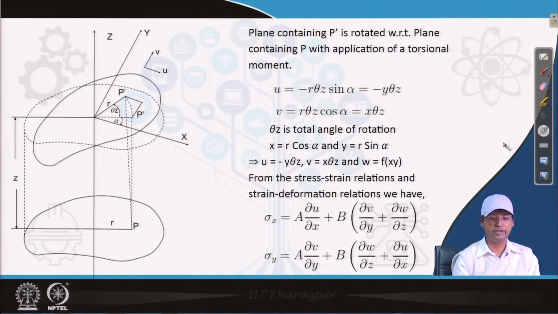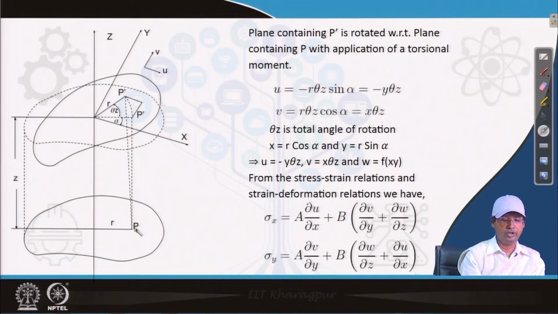Here we have it. Initially, this is the section of the cylindrical body, the bottom section, and this dotted one is the top section, and then there is a torsional force applied on this body, and we have seen that theta is the rotation per unit length.